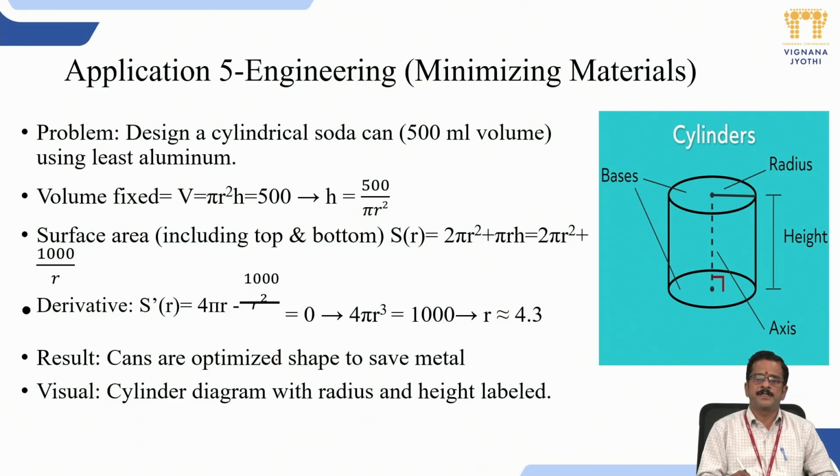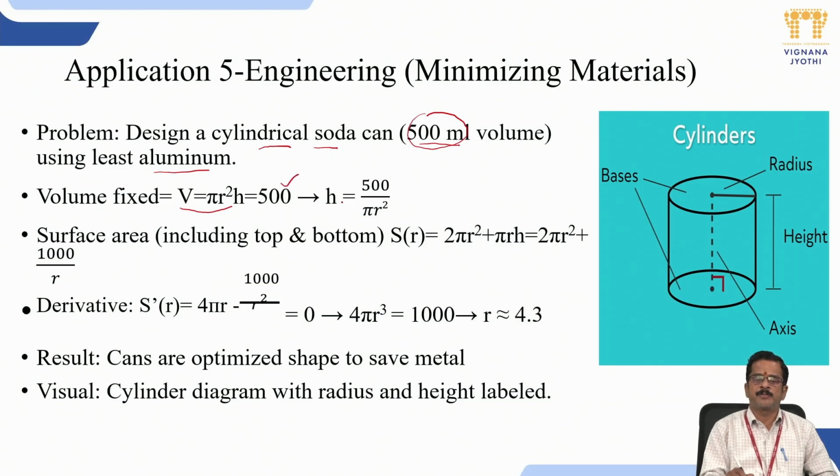Next application is engineering, minimizing materials. When designing a cylinder soda can, the volume is 500 ml, and we have to accommodate this volume using the least material. The cylinder volume formula is pi r square h, which is 500 ml.